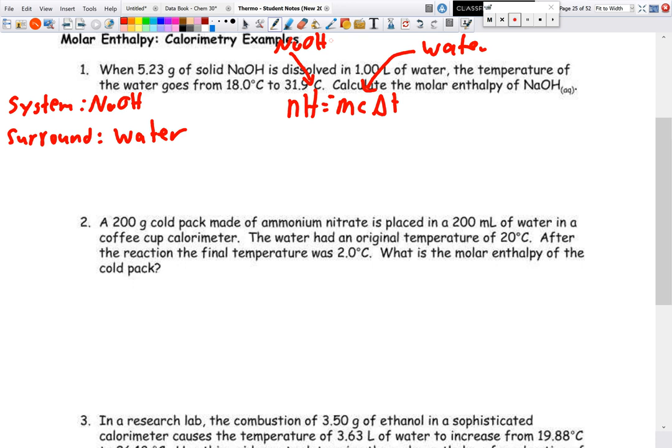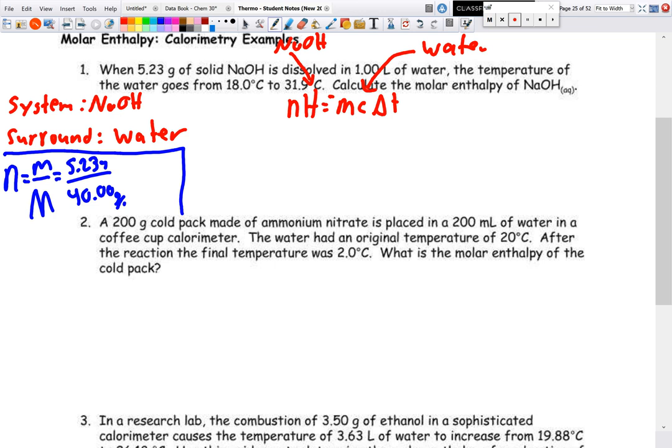So we do need to use this mass of sodium hydroxide, but that is to find n. You can do this quickly off on the side: number of moles is equal to mass over molar mass. So we take our 5.23 grams divided by the molar mass of sodium hydroxide, 40.00 grams per mole, and we are left with 0.1308 moles.